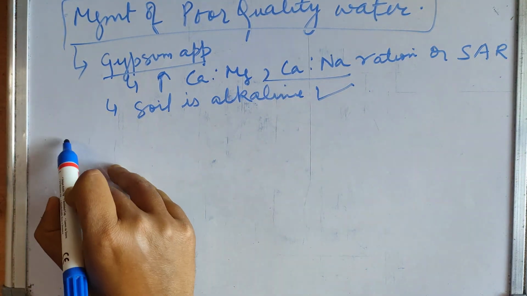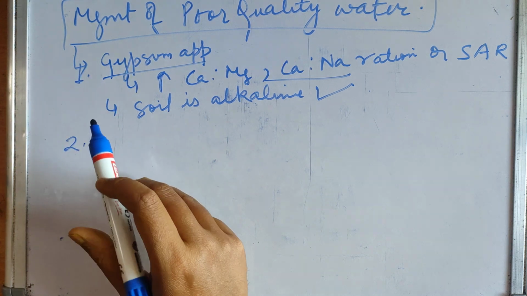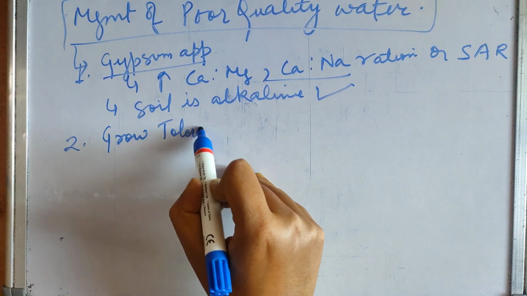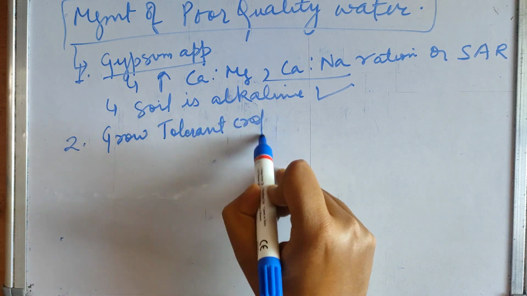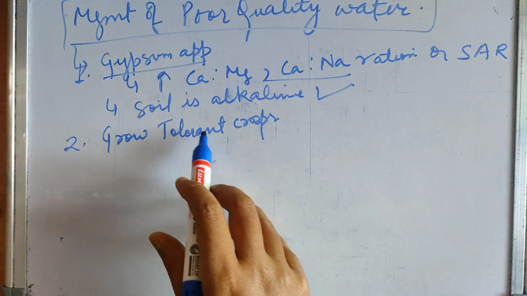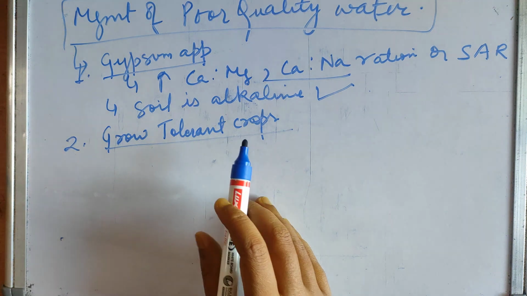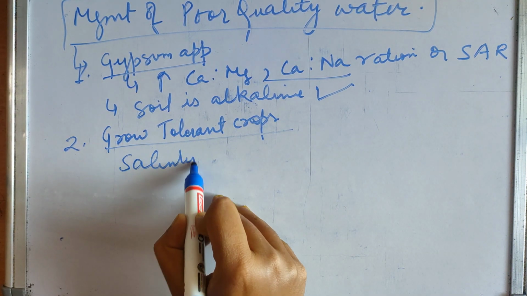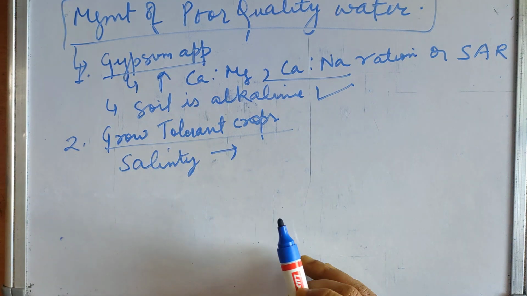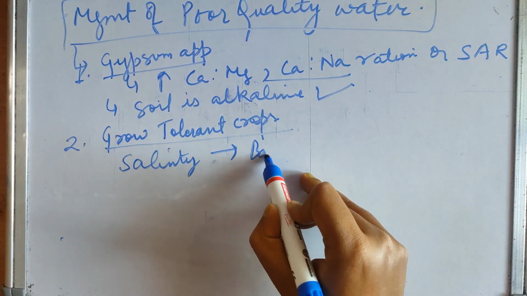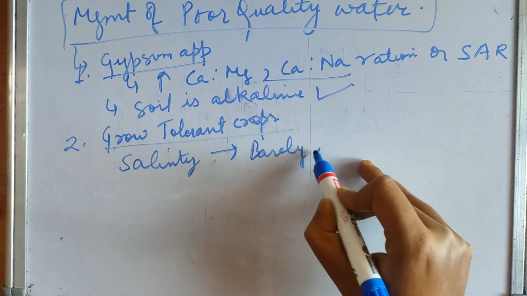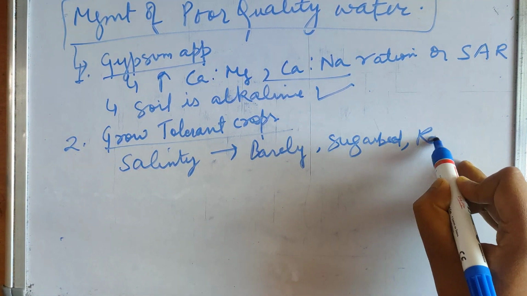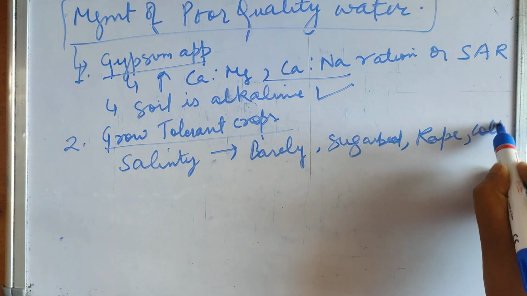Second, we can grow tolerant crops and avoid sensitive crops. The salinity tolerant crops are barley, sugar beet, rapeseed, cotton.